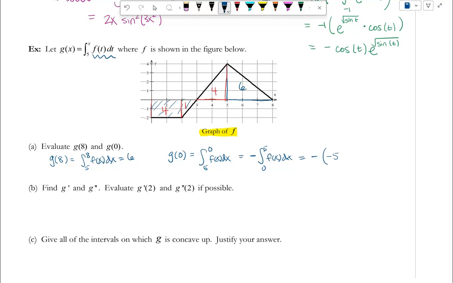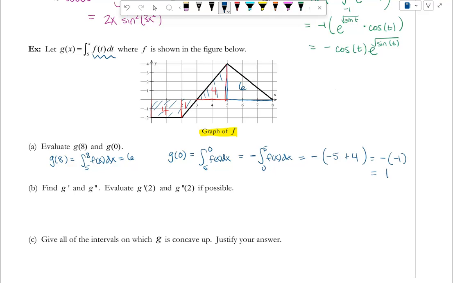My area from 3 to 5 is going to be this +4. And so I get a negative times -1, which is just +1 there. And remember, if you don't reverse those limits, if you just go from right to left, area above the x-axis is going to be negative, area below is going to be positive. So no matter how we do it, we should get +1 as our answer there.